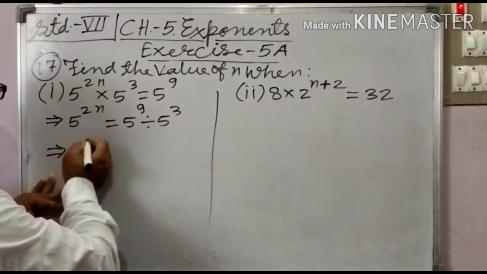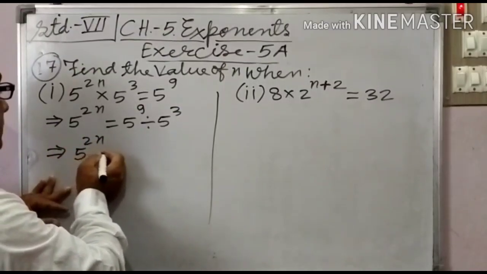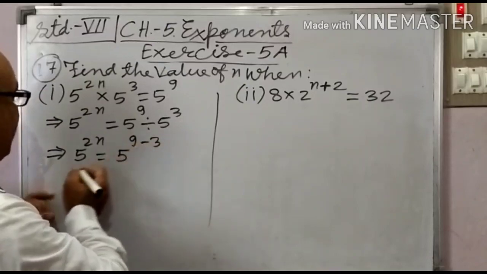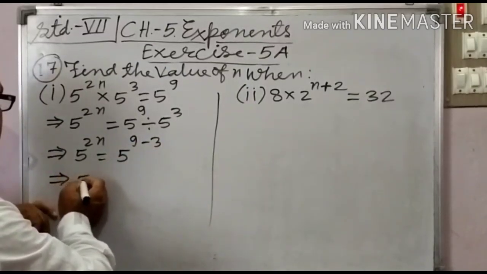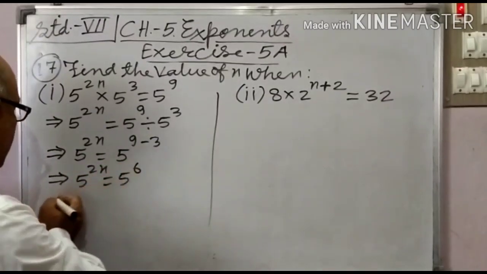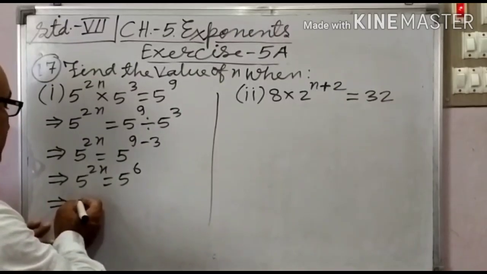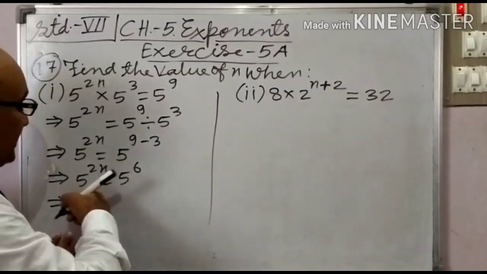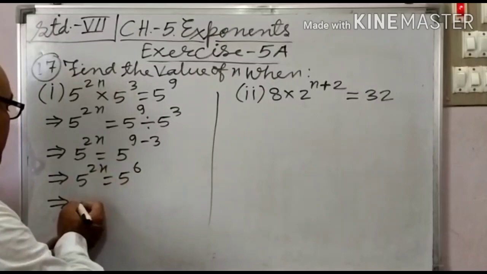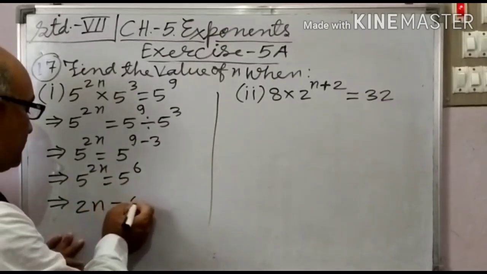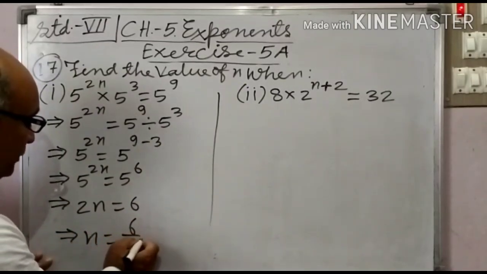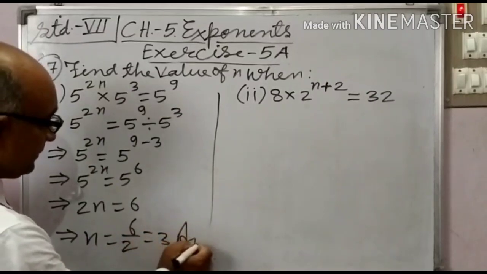That implies 5 to the power 2n equal to 5 to the power 9 minus 3. That implies 5 to the power 2n equal to 5 to the power 6. That implies here bases are same, so indices are also equal. 2n equal to 6. That implies n equal to 6 by 2 equal to 3, answer.